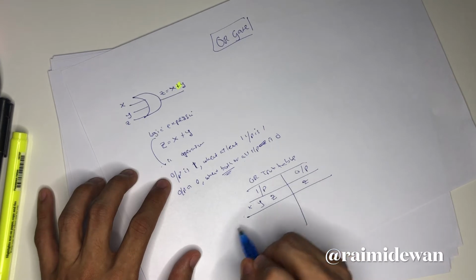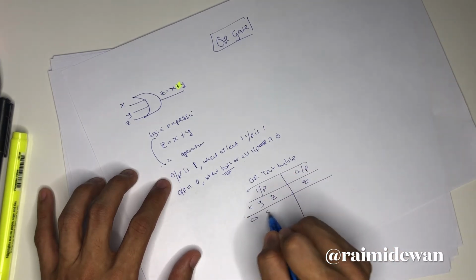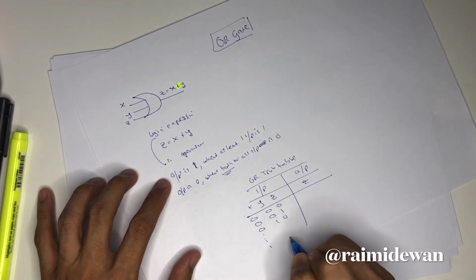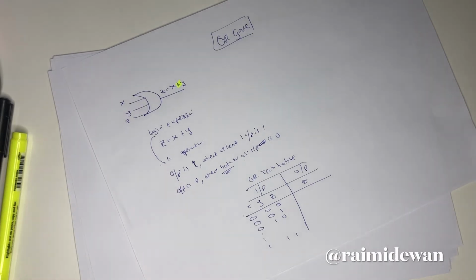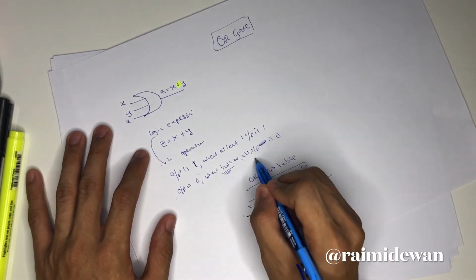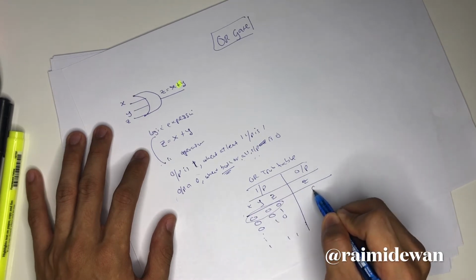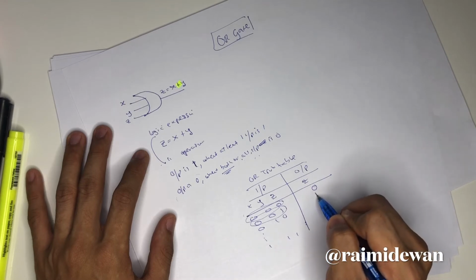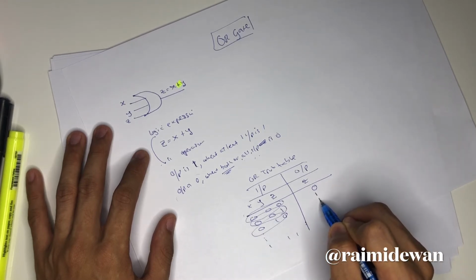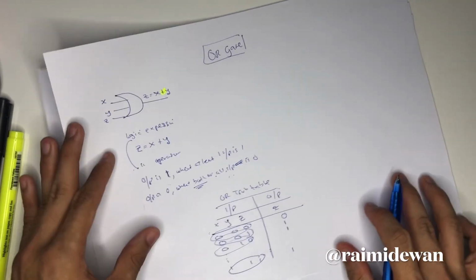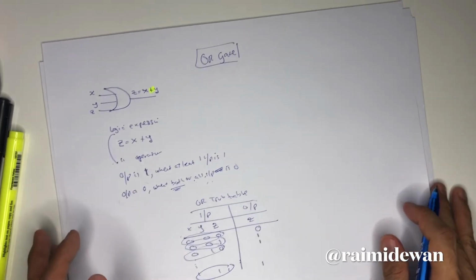In this case you can have the combinations 0 0 0, 0 0 1, 0 1 0, until 1 1 1. Here the output is 0 when both or all inputs are 0. This one satisfies that, so this is 0. How about this one? We have at least one input as 1, so the output is 1. The same goes for this, and the same goes for this. Try to fill up the truth table yourself. If you have a problem, you can always approach me.